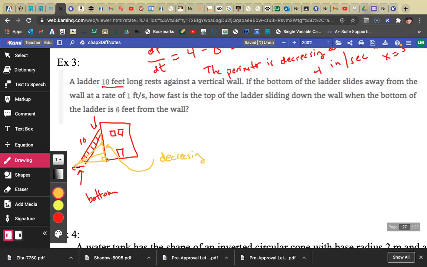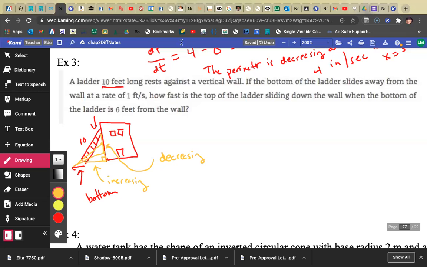So this length is decreasing while this length is increasing. So that's kind of what's going on in that situation. So really important that I take a moment and visualize what is happening.